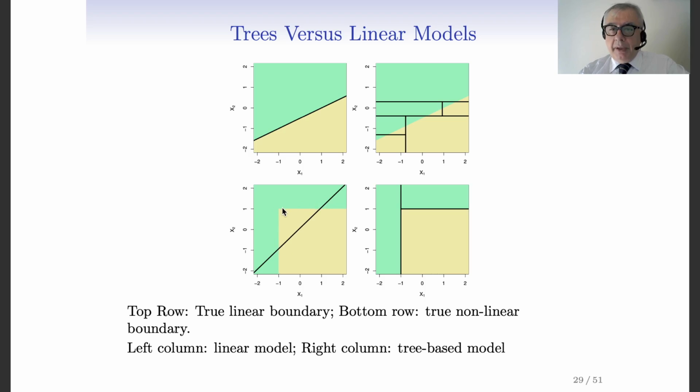On the other hand, let's assume that the ground truth is of this type. So we have a decision boundary of this type with the green region with this strange shape and the yellow region that is just a square. In this case, you would be in trouble using a linear decision boundary. But if you are adopting decision trees, it will be quite easy to end up with a solution like this.